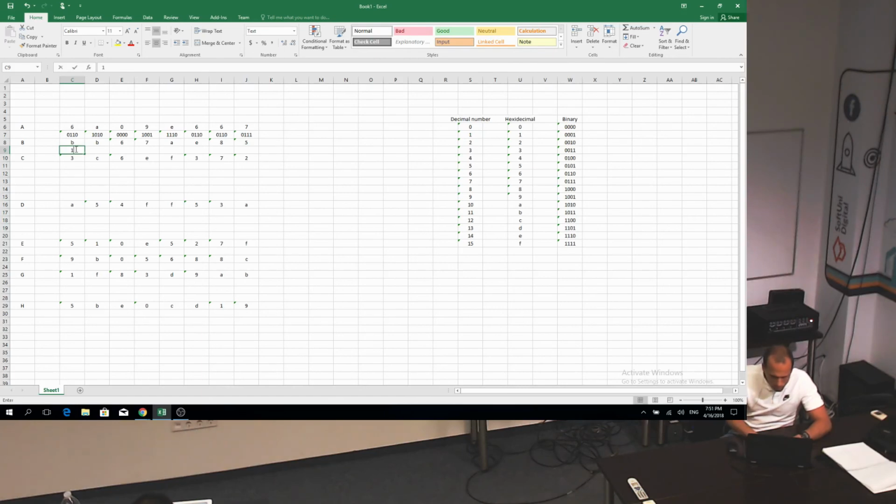Okay, we have B. We have again. That's the first step, that we have to make sure of: converting all hexadecimal numbers to binary.